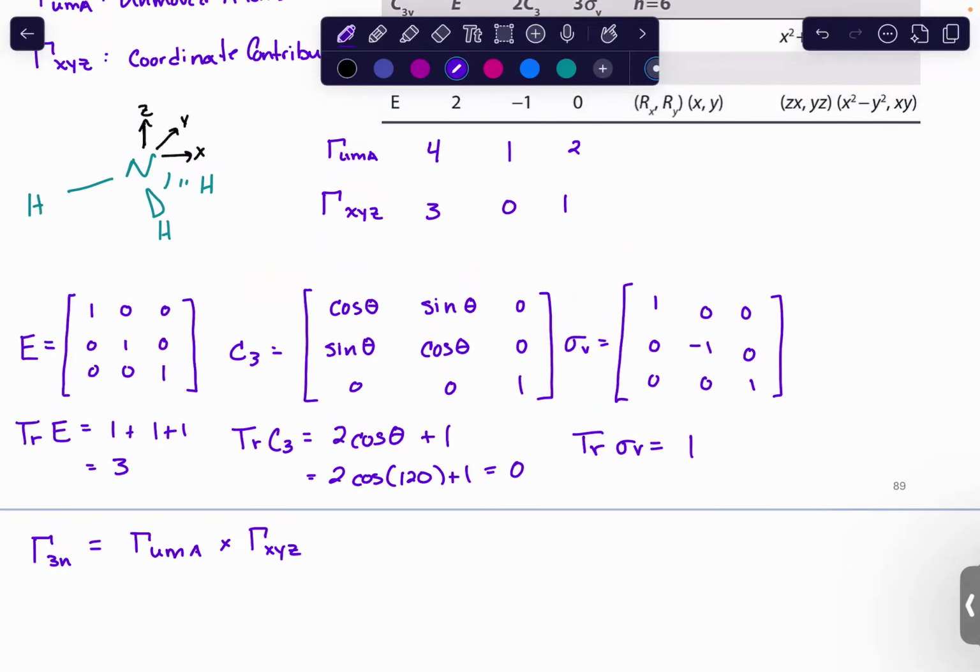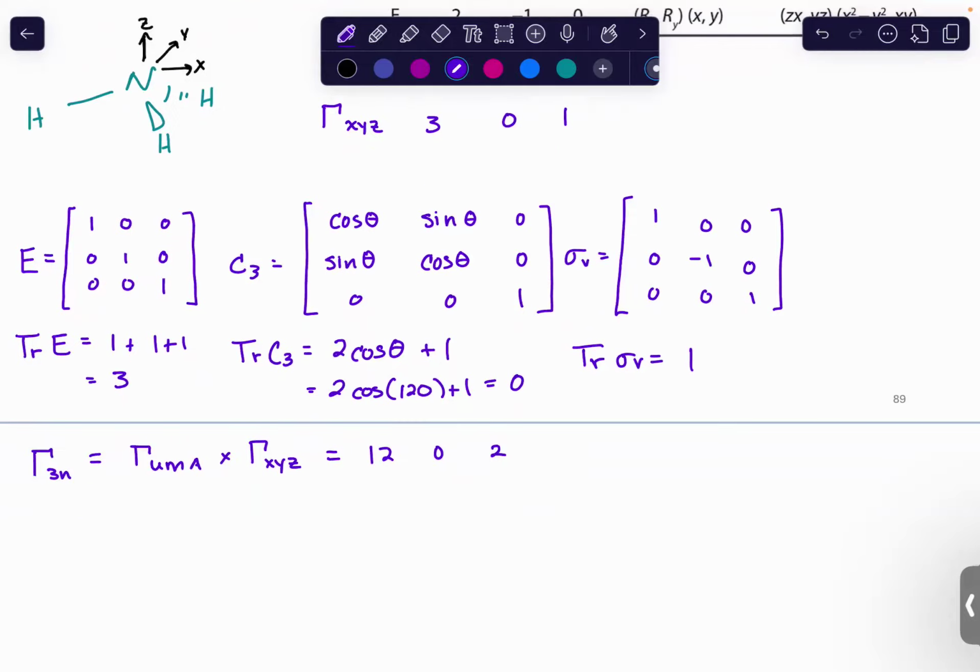This has a specific name. It's a specific type of multiplication from linear algebra. But the way we can do that is we have 4 times 3, 1 times 0, 2 times 1. So that's going to give us 12, 0, 2. That is our gamma 3n.